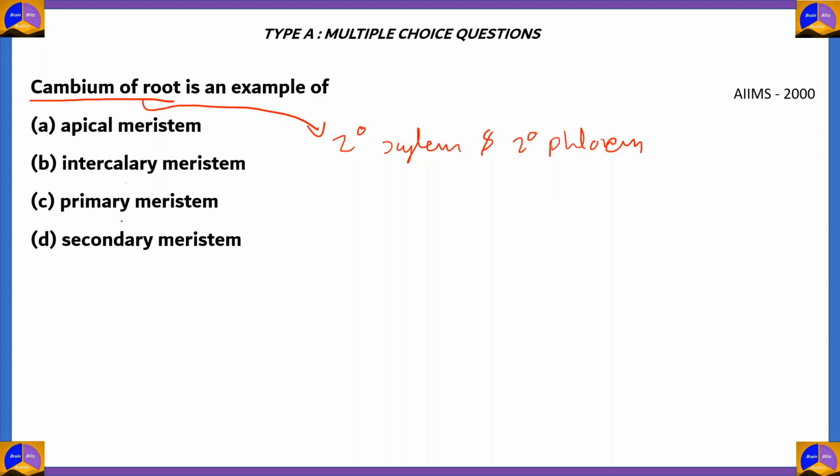And if we look at our options, option A is incorrect because apical meristem is only for the height of the plant. Intercalary meristem is used for elongation of internodes.